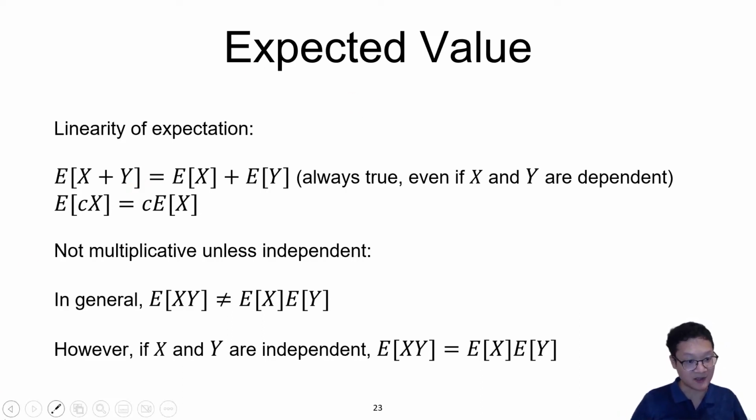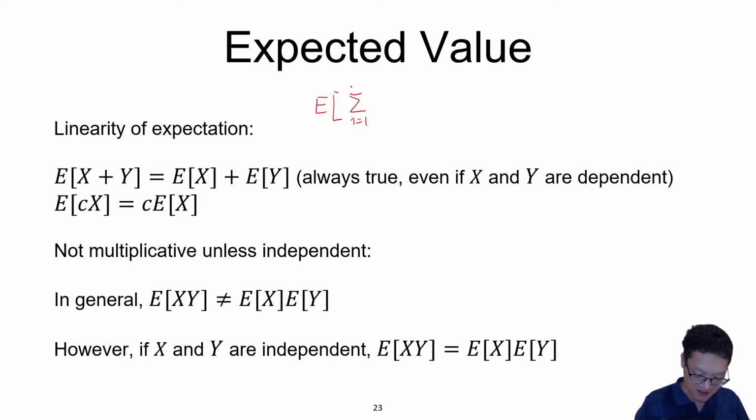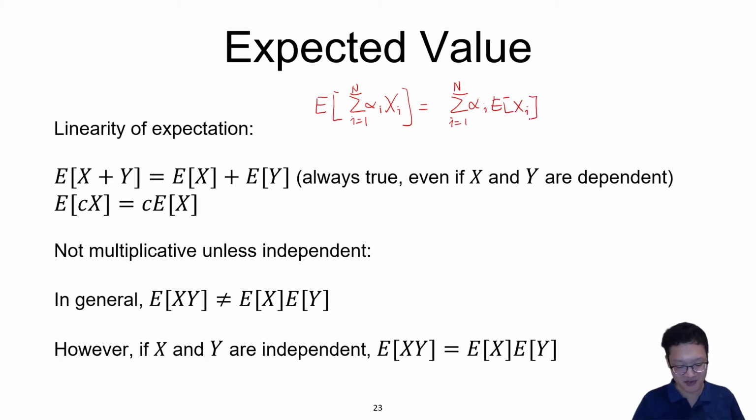Let me just write that down. So in general, we have the expectation of a summation, which is a linear combination of random variables, is equal to the linear combination of the expectations. So that's the most general version, and these two properties imply the one that I just wrote down.